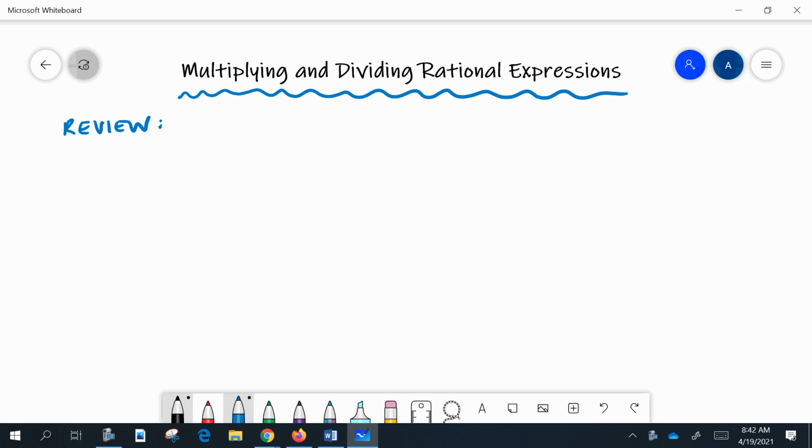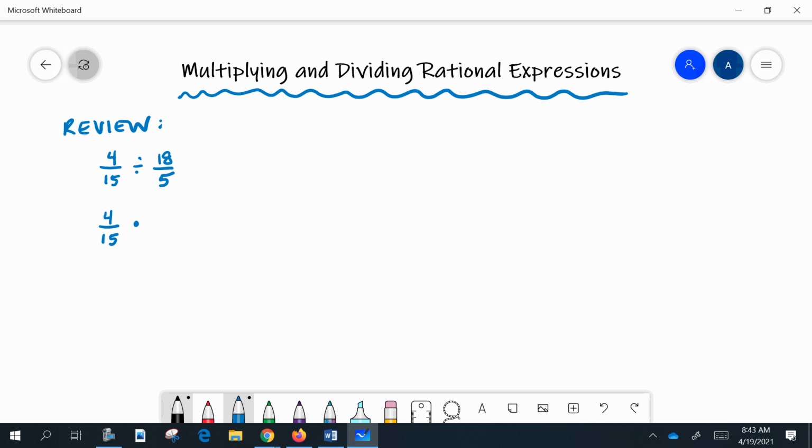Let's suppose that we have the problem, we're taking 4/15 and we are dividing this by 18/5. The first thing that I want to review is that when we divide fractions in math, what we actually do is we multiply by the reciprocal.